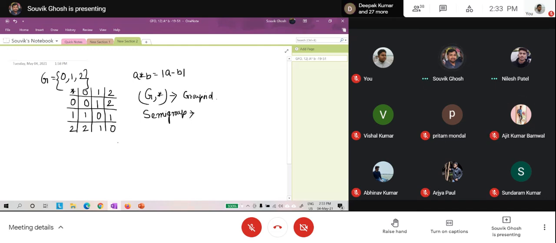So we have to check whether A star B star C is equal to A star B star C with the parentheses moved. Does this hold?